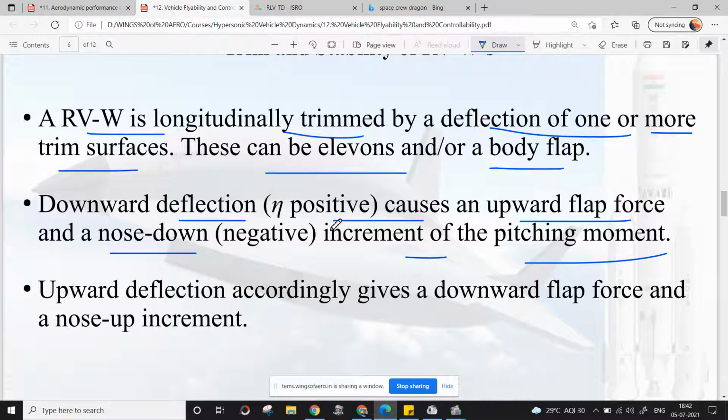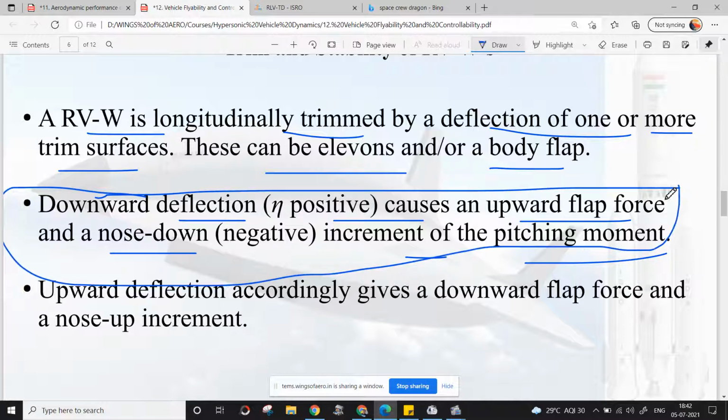Exactly like in an aircraft, when we deflect the elevator downwards, what will happen? A lift will be generated in the tail section, since the elevator is located in the tail section, and our nose will go down. The same scenario is replicated here.